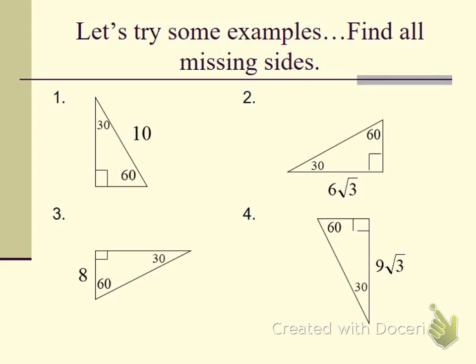All right, so on this, we are asked to find all missing sides, and we are only given one side in each of these. So I would go around it and label them based on the pattern from before. So the side across from the 30, I should label that as short side, or what variable do you want to use?